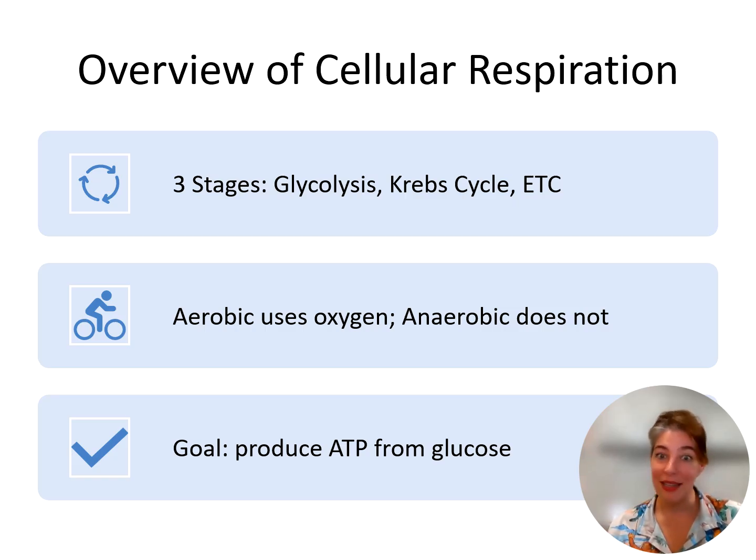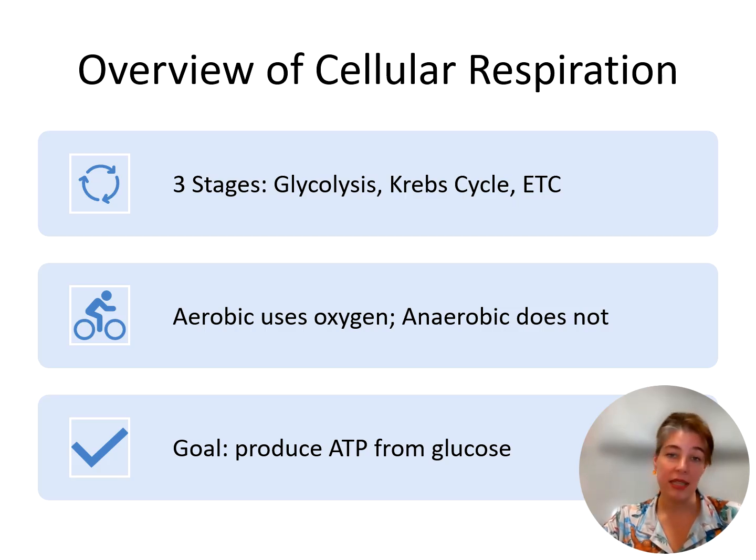Well, now it's coming up again. So there are 2 main ways that your cells are going to make ATP. And the first is aerobic, and that happens with oxygen. So aerobic happens with oxygen, and anaerobic happens without oxygen.